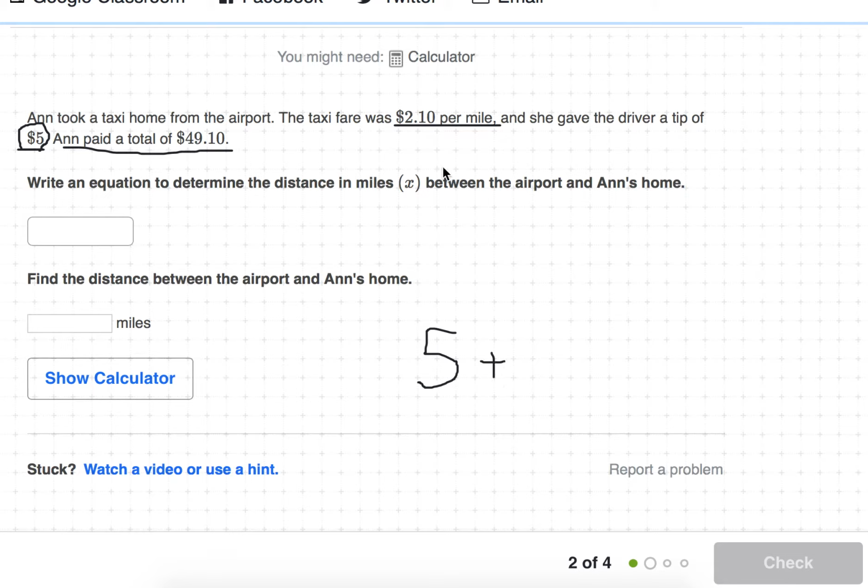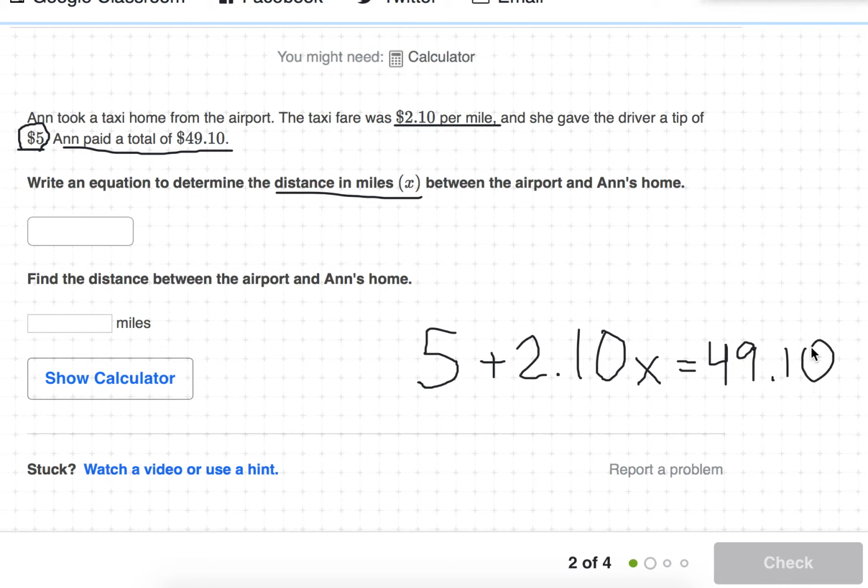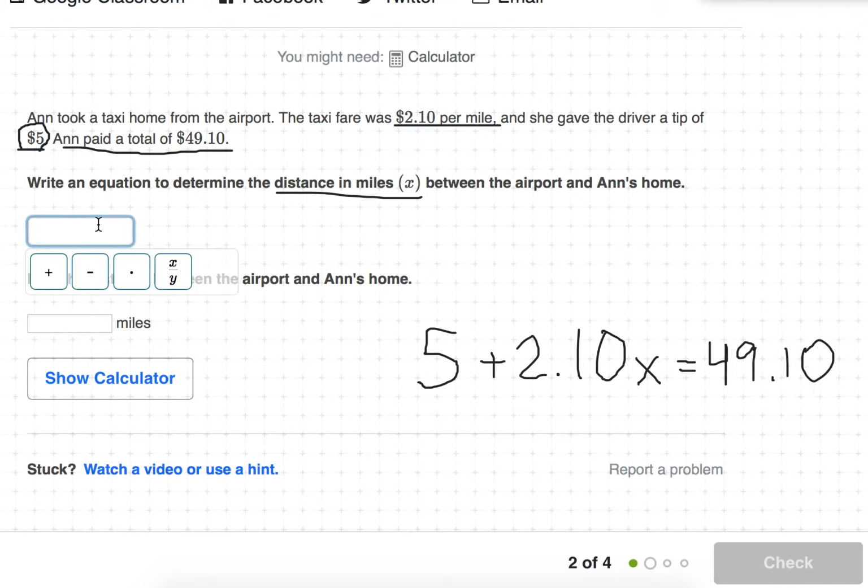What's variable, what's changing based on the distance in miles, is this $2.10, because it's $2.10 per mile, or for each mile. And I would use m for miles, but they tell us to use x, so we'll use x. And then the price of the ride is $49.10. So equation can be 5 plus 2.10x equals 49.10.